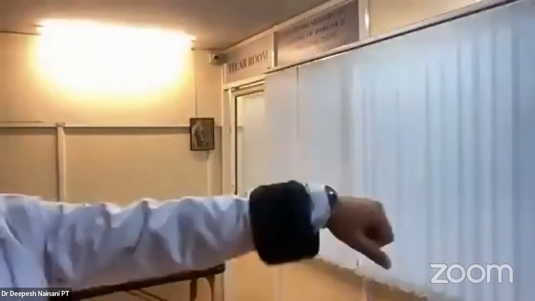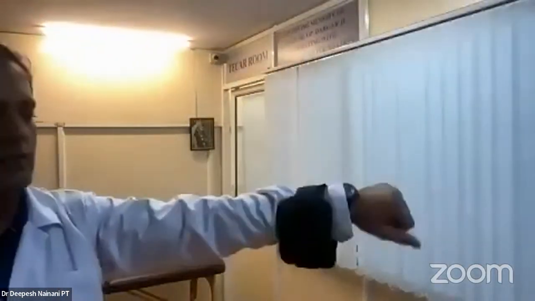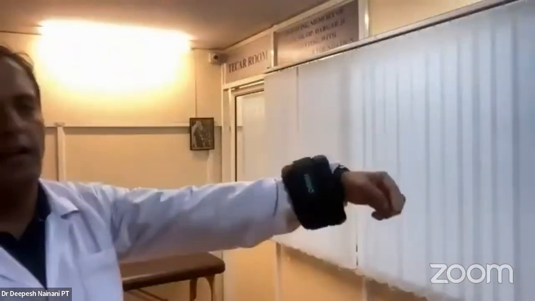I have tied that weight cuff to my wrist joint. Now we will start the free movement exercise for the elbow joint. In the initial stage, you can start without the weight cuff, but with weight it is good to build strength.